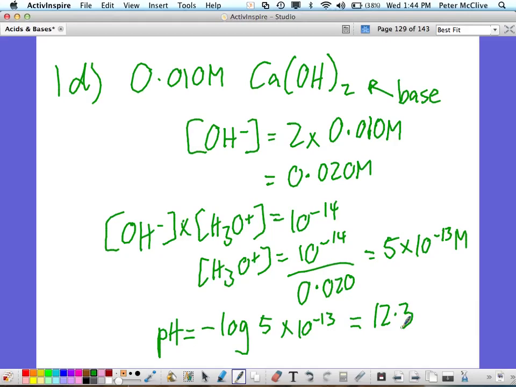Another example might be working backwards. I'm just not sure how I find my way around this calculator. Anyway, let's see if we can do it. We'll have a go. So, if you've been given a pH and you have to work out the concentration.